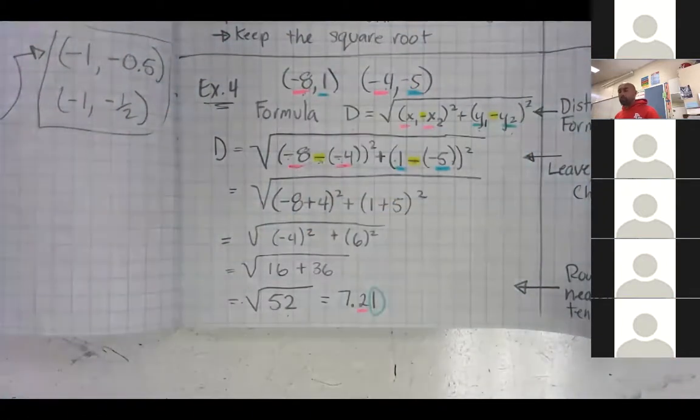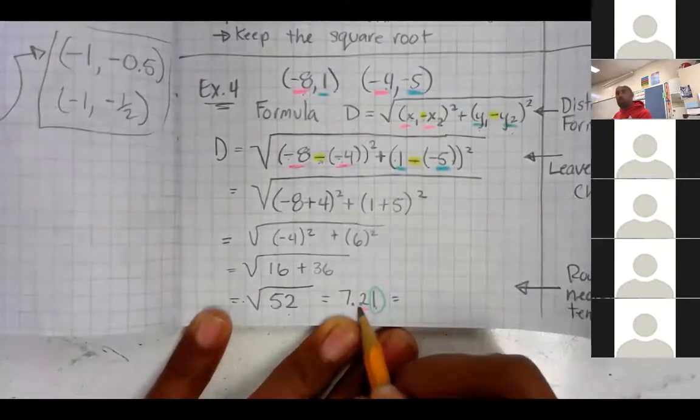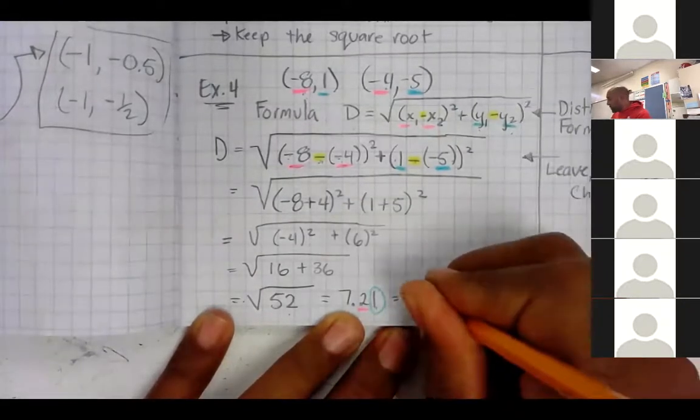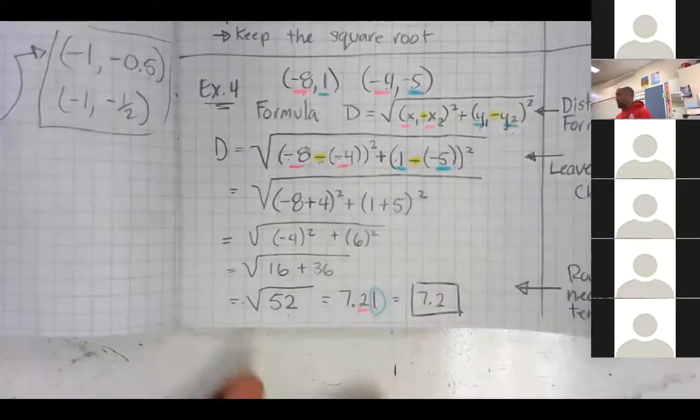But as soon as I get to 5 or more, that's when I know I got to go up. So 1 will make the 2 stay, so I just have 7.2. So that ends up being our distance.